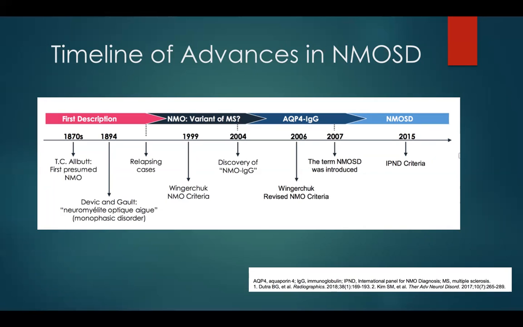This was followed by the discovery of the aquaporin 4 antibody by Dr. Lennon in 2004, and then the NMOSD term started to be used in 2007. Most recently, an international panel determined the diagnostic criteria for NMOSD. They left the core principles of optic neuritis and longitudinally extensive transverse myelitis, but added additional supportive criteria that we'll go through in a little bit.